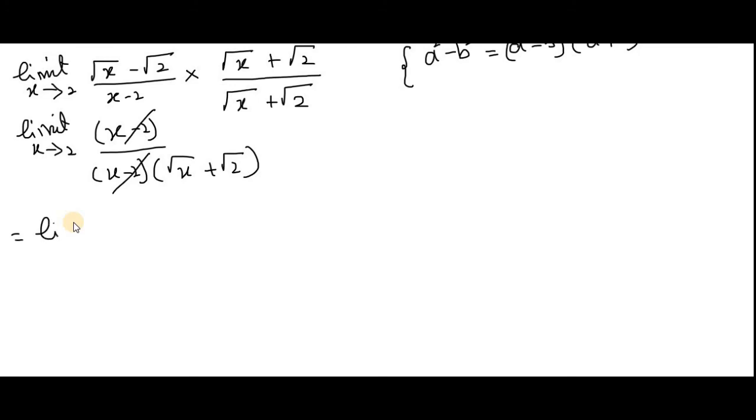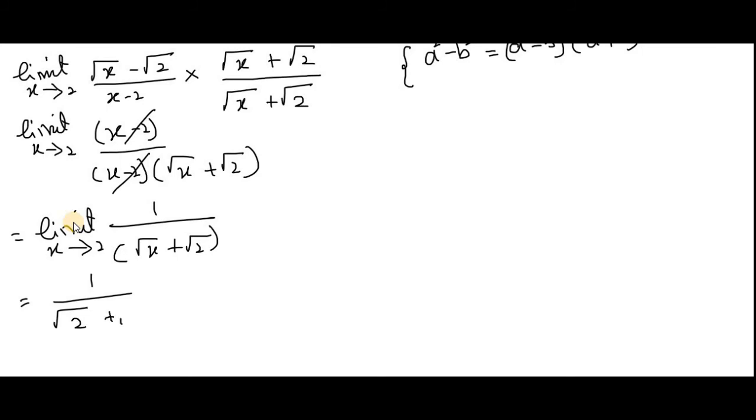So limit x approaches 2, 1 over root x plus root 2. Now we can apply the limit here. We get 1 over root 2 plus root 2. Now 1 over 2 root 2 is our answer for this question.